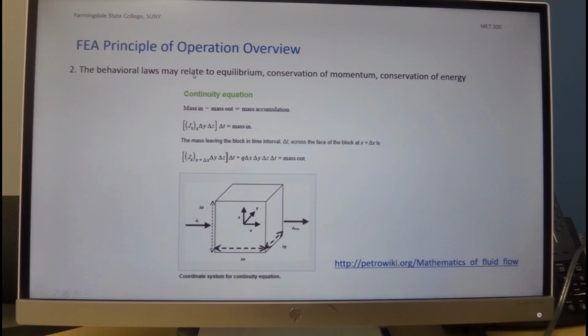We see the equilibrium, for example, of the continuity equation is shown over here. For example, the fluid flow that is coming into an element and going out of an element must be equal to the fluid flow which is being generated within the element.